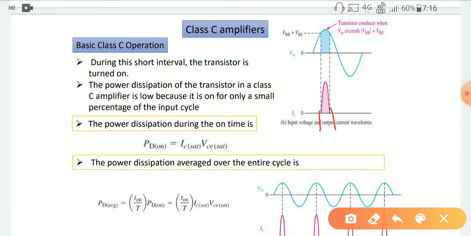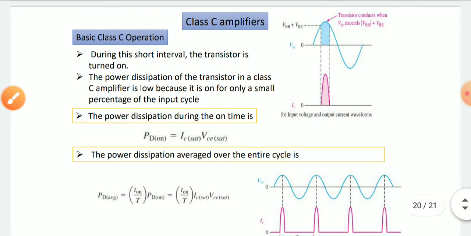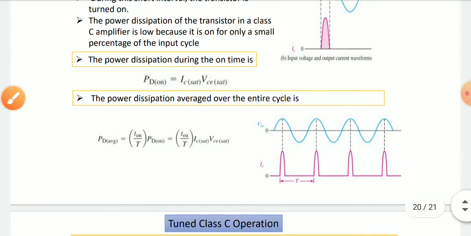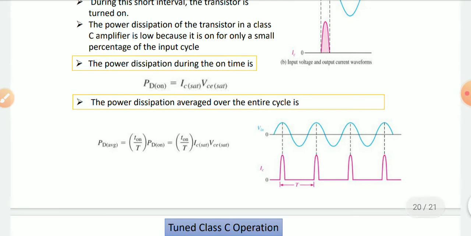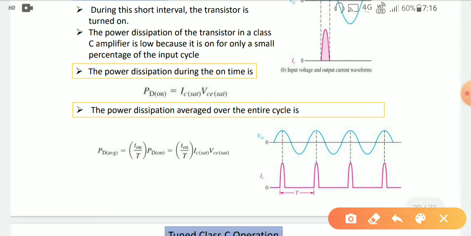To get the average value, PD average is defined as T on by T times PD on. PD on is this one. If you put this value in this position, PD average can be calculated.